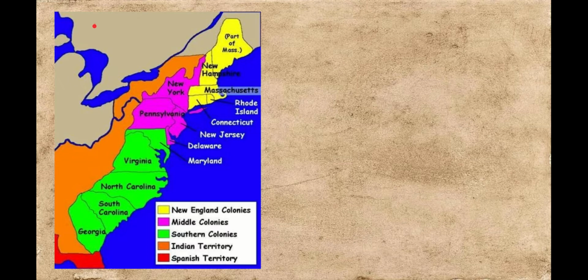If we look up in the north, this would have been French-controlled Canada at the time. As far as Vermont, that at the time was part of the Indian Territories and New York. And Maine was actually part of Massachusetts colony.